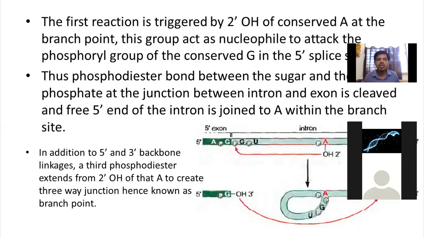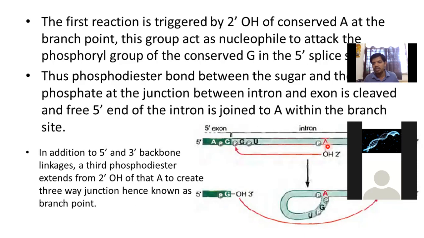The first reaction is triggered by the 2' OH of the conserved adenine at the branch point. This group acts as a nucleophile to attack the phosphoryl group of the conserved G in the 5' splice site. See here in this diagram, you will get a clear idea: this is the branch point where that adenine is present.